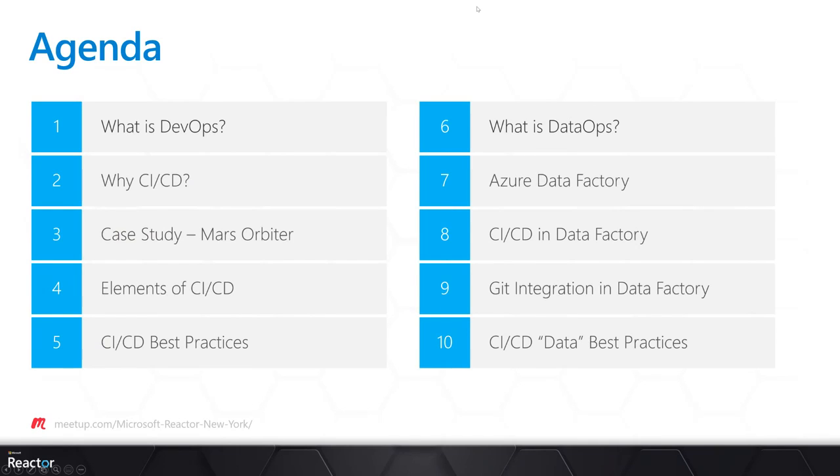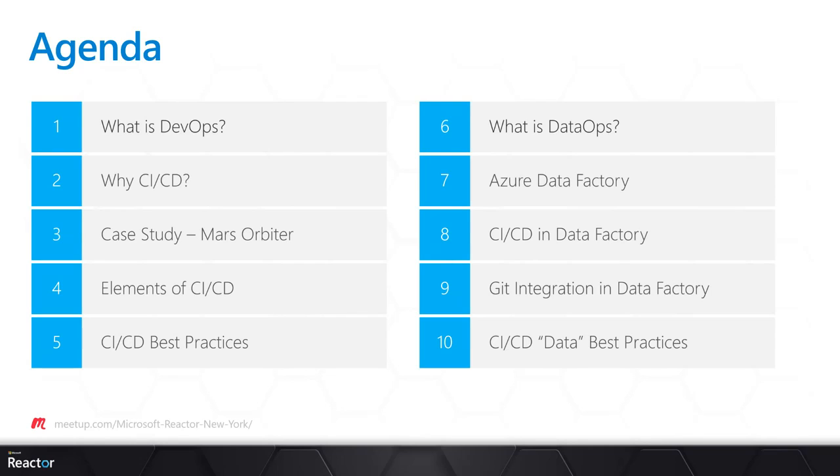So with all of that said, I've broken the agenda down over the next hour into these 10 components. Going to talk about DevOps, what is it? We're going to talk about continuous integration and continuous delivery, CI/CD, and why we care about that. We're going to do a brief case study of the Mars Orbiter program. If you haven't heard about that, we'll talk a little bit about it and specifically how it applies to what we're talking about here today. Then we're going to talk about some of the elements of appropriate CI/CD practices and the best practices there.